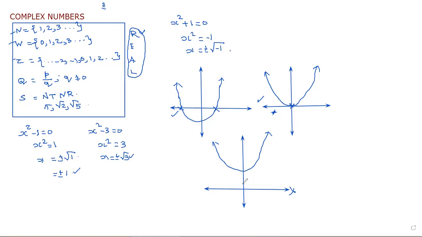So in the third case, there is no real solution. Now comes the formation of a group of numbers called complex numbers. To solve these types of questions, mathematicians found complex numbers.